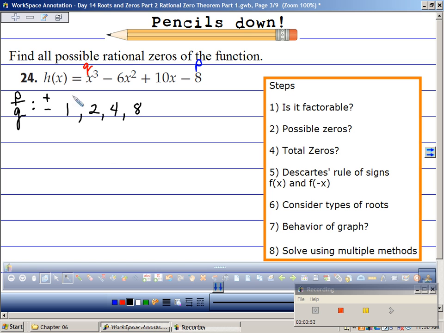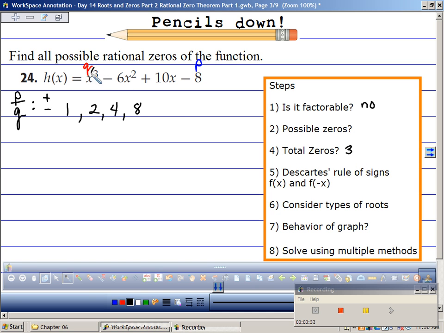Right? Now I've got to come up with a table that tells me, am I talking in the positive direction or in the negative direction? Oh, first of all, it says possible zeros. So is it factorable? No. How many possible zeros do I have? Well, we did that, but they're there. How many total zeros do I have? 3.